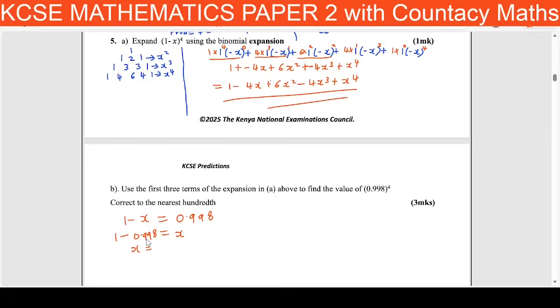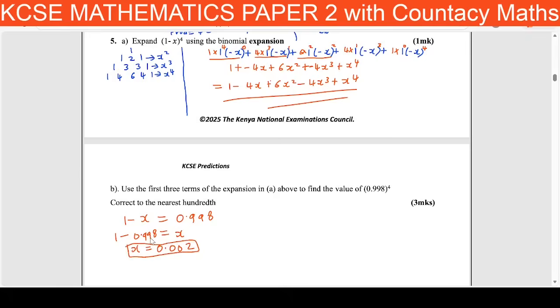You are going to get 0.002. You have to be a bit keen as you do this subtraction so that you don't make an error with these zeros. You are likely to write 0.02, which will be incorrect. Therefore, you have to be very careful on that. So we already have the value of x.